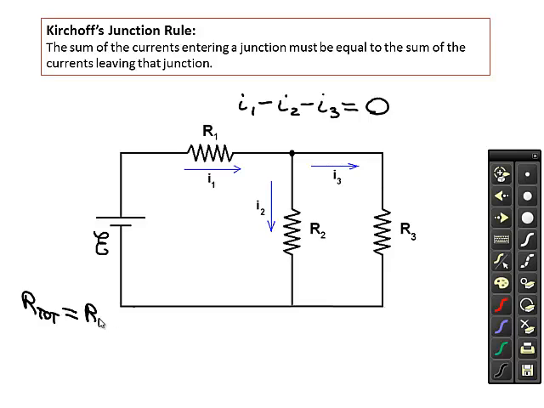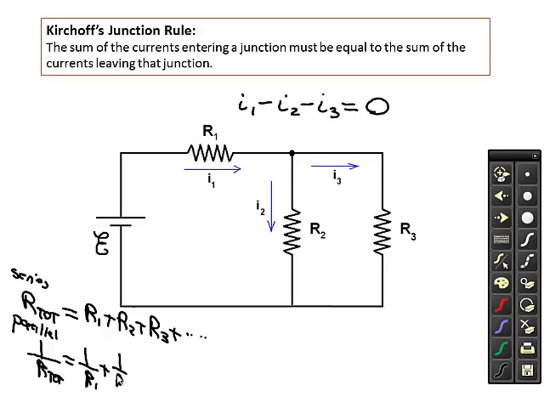Yay! Okay, so yesterday we said, just add them up. Remember from last year, this is series, that if we're in parallel, we have to flip and add them and then flip the answer.